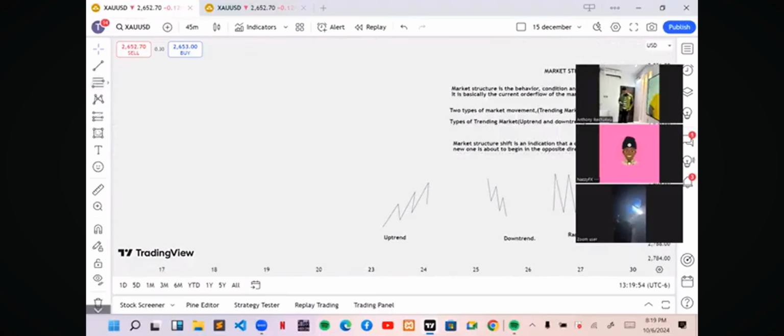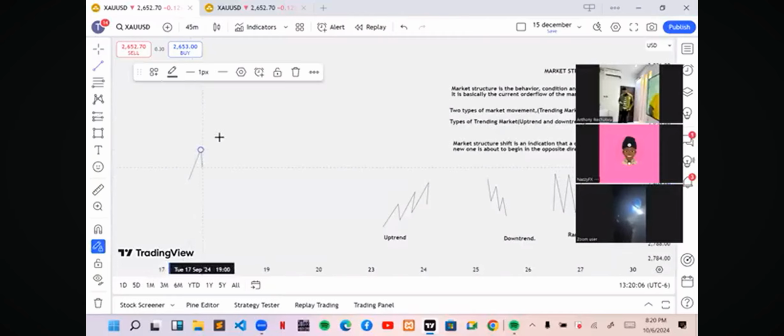So let me give you an indication of a market structure shift. Let's say, for example, that price was previously on an uptrend. That's you seeing the market making a series of higher highs and higher lows. Instead of making another higher low to continue the uptrend, the market does something like this.